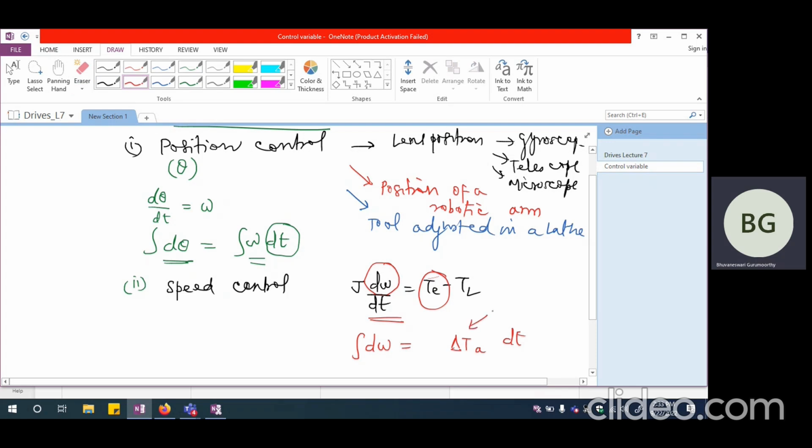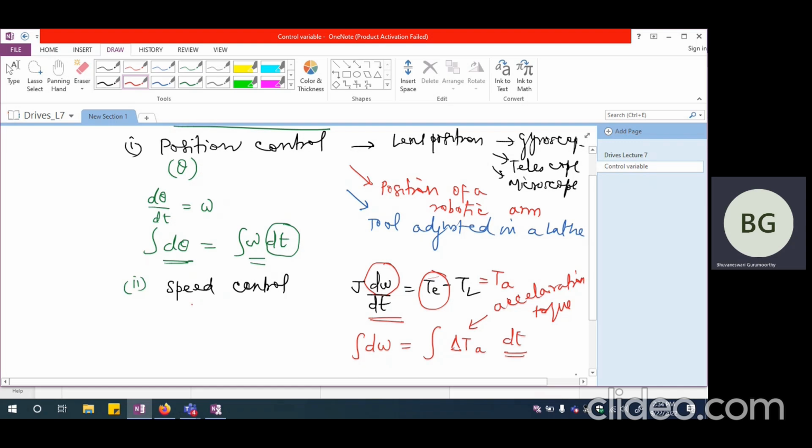So I'm calling this the acceleration torque, which is the difference between electromagnetic torque and the load torque. So this torque control will ensure that the gap in the speed is bridged within a specific duration of time. So invariably, the speed control loop will be the inner loop as compared to the position control loop.